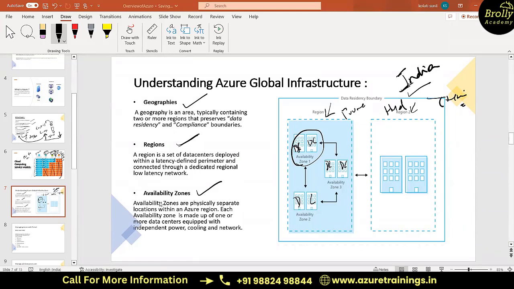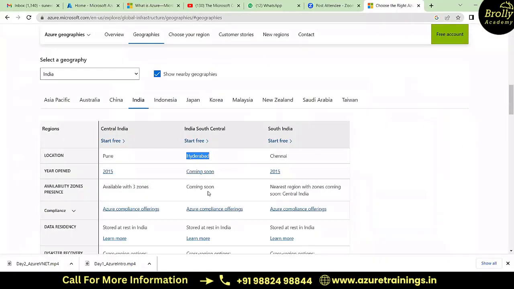Again, in regions we have availability zones. Maybe not all regions will have availability zones. Remember this point. If you see here, only Pune has three availability zones.